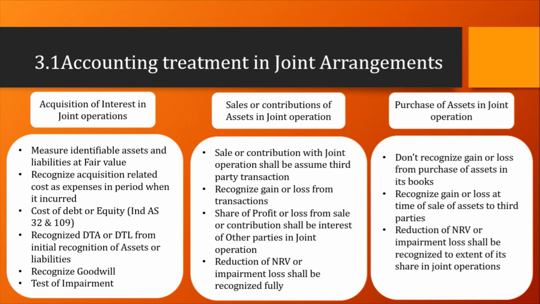Again, if the entity has reliable evidence of a reduction in net realizable value as well as impairment losses for those assets, these losses shall be recognized on the basis of its percentage share in the joint operations. Okay, so these things we have to keep in mind.